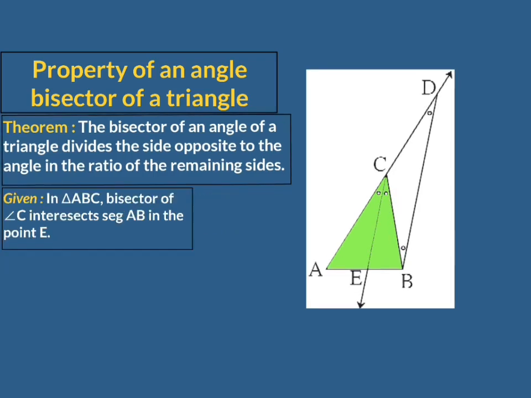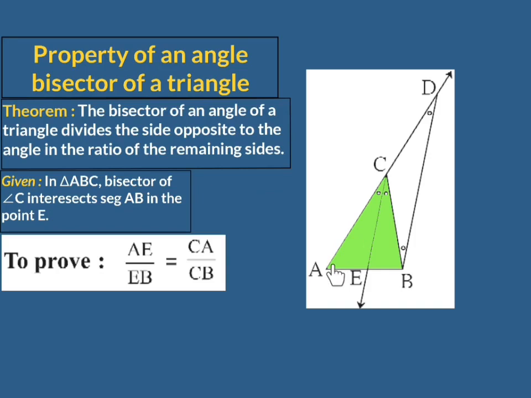Next step is to write what to prove. For that, read this statement again carefully. We have to prove the bisector of an angle divides the side opposite to the angle in the ratio of the remaining sides. Ray CE is the bisector of angle C, and this ray divides side AB, which is opposite to angle C, into two parts, segment AE and segment EB. The ratio of these two parts is AE upon EB.